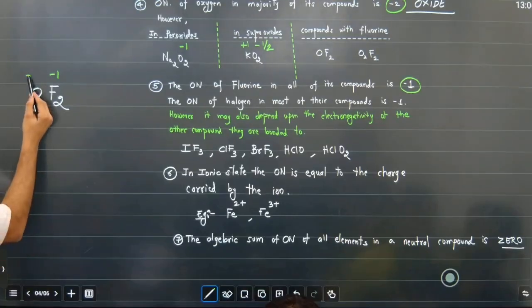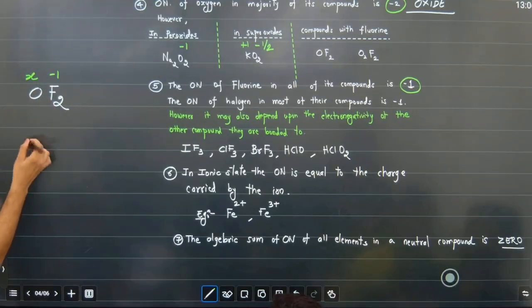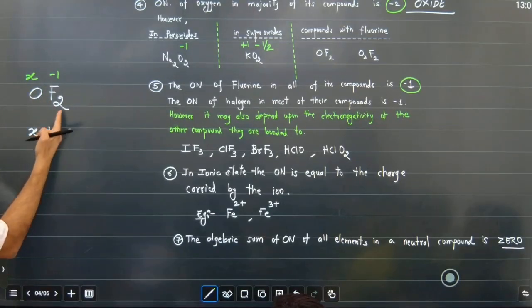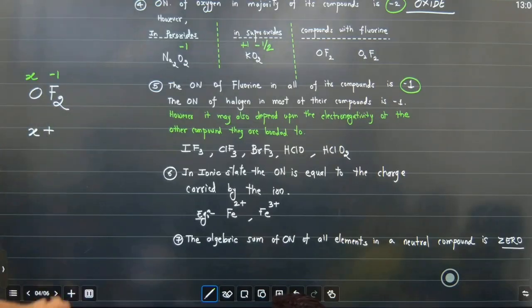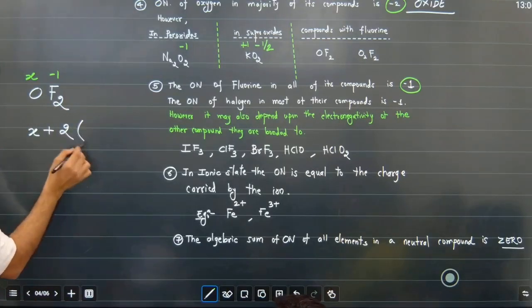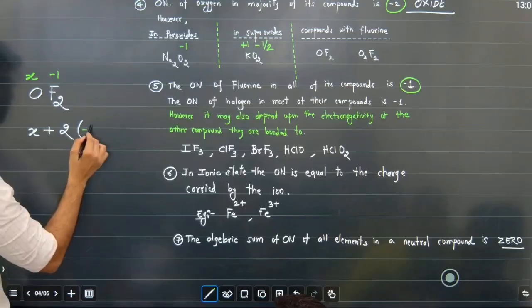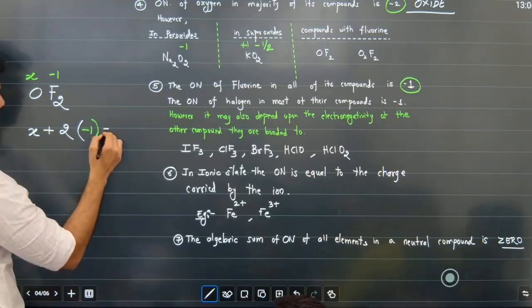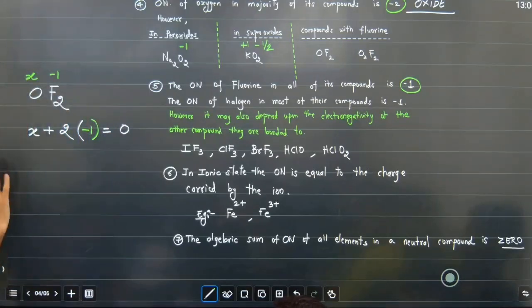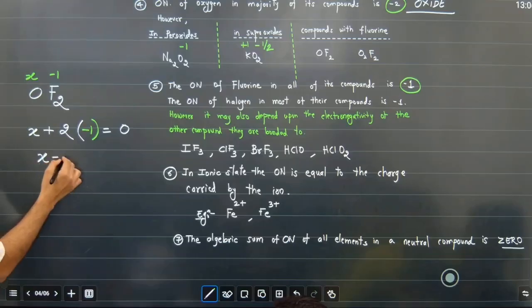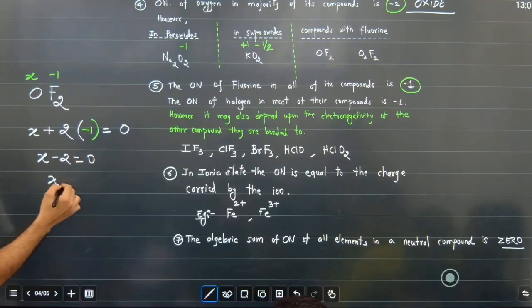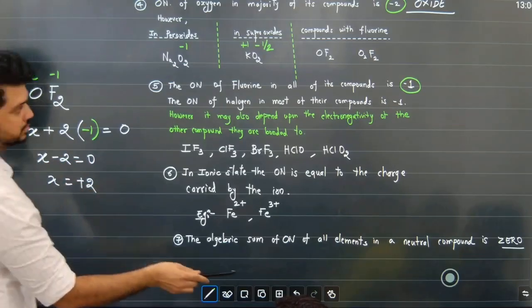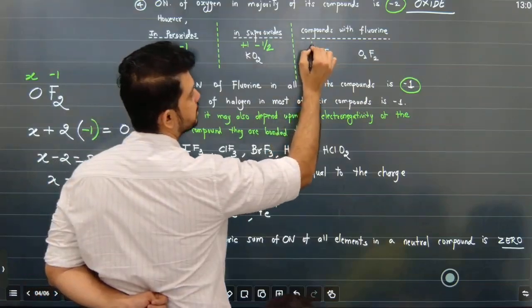Same method, let the charge on oxygen be x. So x plus, how many atoms of fluorine do I have? 2. Each fluorine is carrying what charge? -1. So total is 0. Why? Because it is neutral. x minus 2 is 0. How much is x? +2. So the charge on oxygen over here is +2.